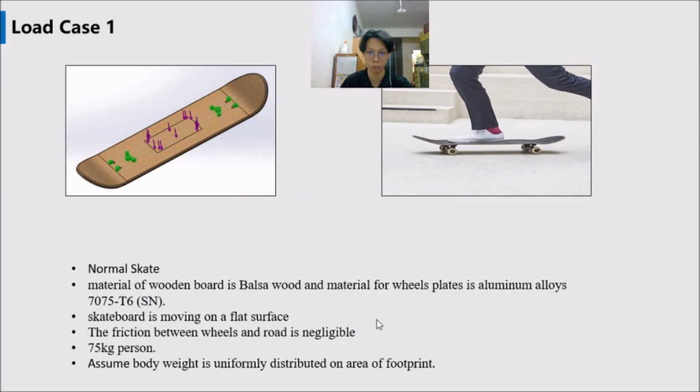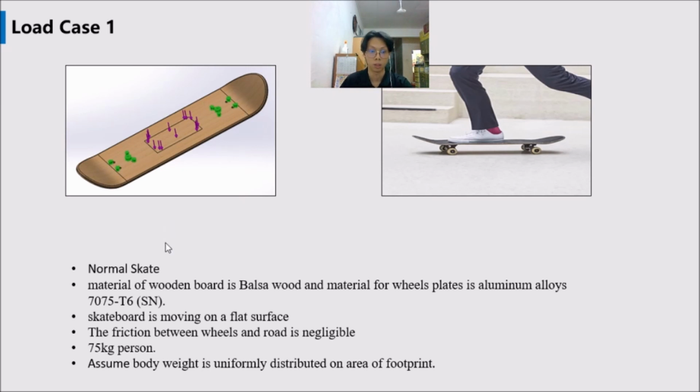With this assumption, even though the skateboard is moving forward, the level of the skateboard stays constant from start to end. So we can treat the region where the wooden board joins with the wheel plate as the fixture. So there are two fixtures in load case 1.